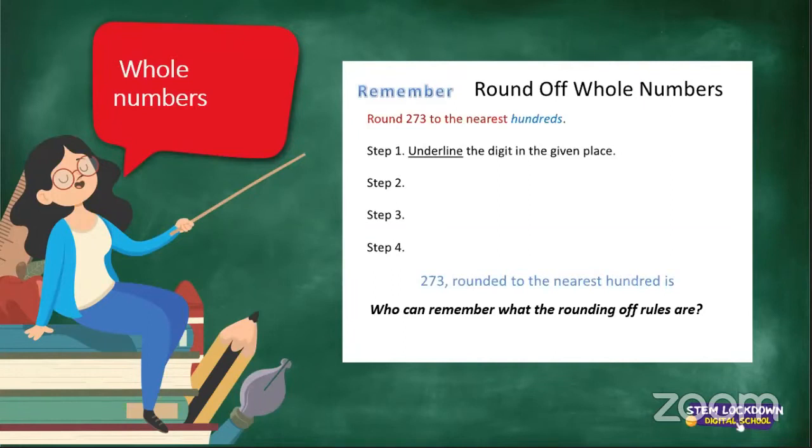Here we have 273. The rule says round to the nearest 100. So you underline the digit that is in the given place. What is the digit that is in the given place?